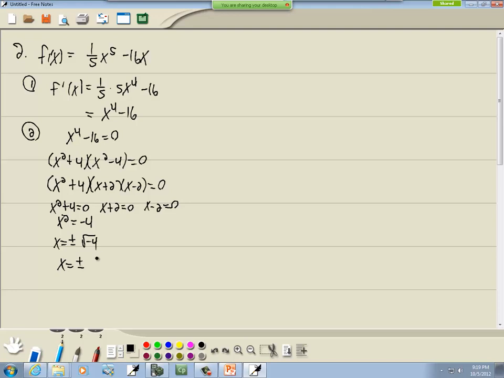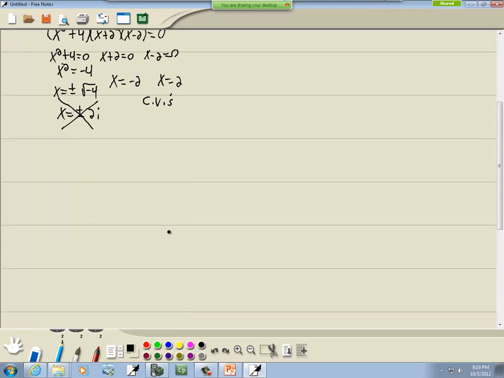Now 2 times 2 gives you 4, and a negative inside of a square root gives you i. Well, whenever we come up with i's, we don't want to use those, so we cross that part out. Here I'll take the 2 over, it becomes a negative 2. Here I take negative 2 over, it becomes a positive 2. So those are my critical values.